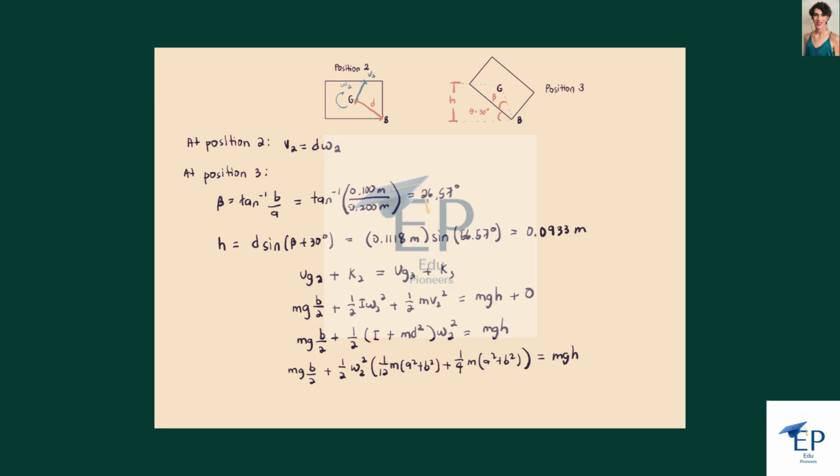Simplifying, this becomes mg b over 2 plus 1/6 times m times a squared plus b squared omega 2 squared equals mgh.